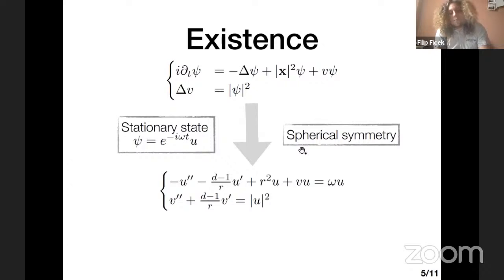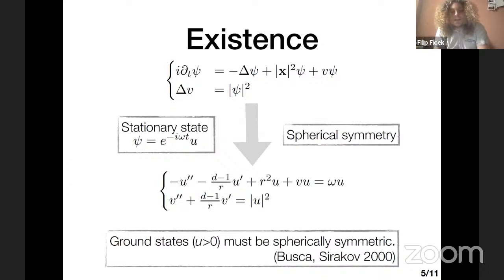It may look like a big loss of generality, but in fact, it can be shown for this equation that the ground states, which are the most important stationary states for us, must be spherically symmetric. So if we focus on ground states, there is absolutely no loss of generality when restricting ourselves to spherical symmetry.